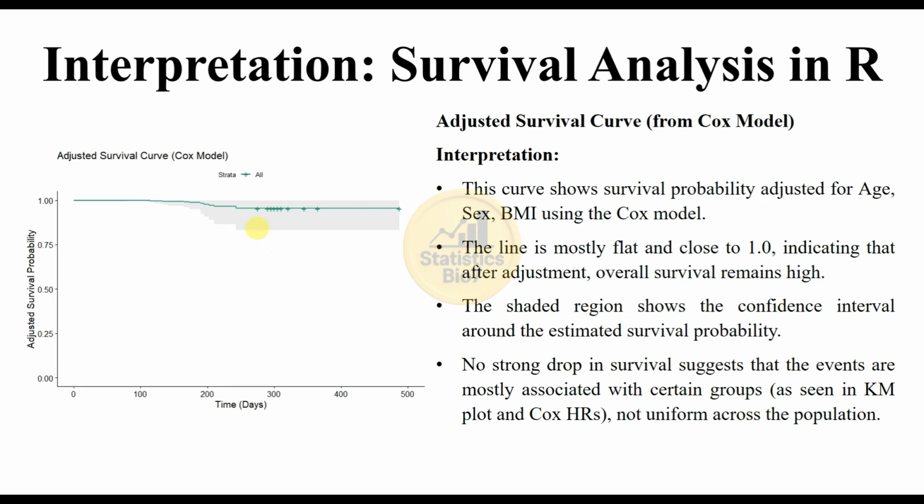The shaded regions show the confidence interval around the estimated survival probability. No strong drop in survival suggests that the events are mostly associated with certain groups, as seen in the KM plot and Cox HRs, and are not uniform across the population.